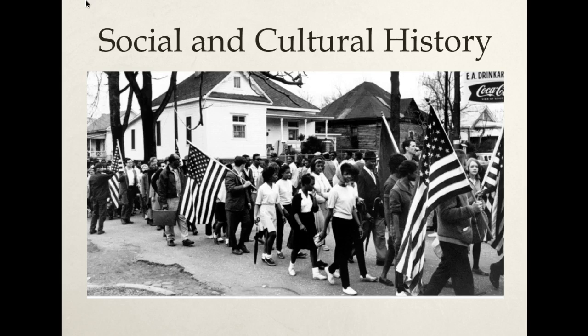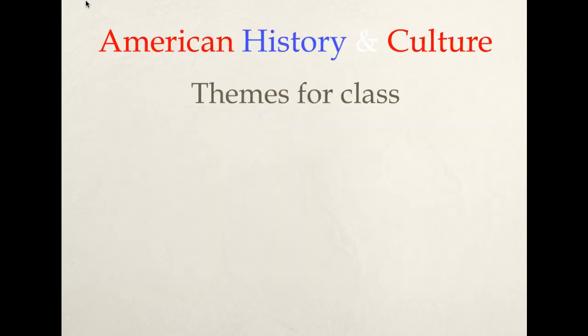This approach moves us away from thinking about history as a series of facts that need to be memorized to thinking about how American society and culture has developed and how people have negotiated that society and culture.